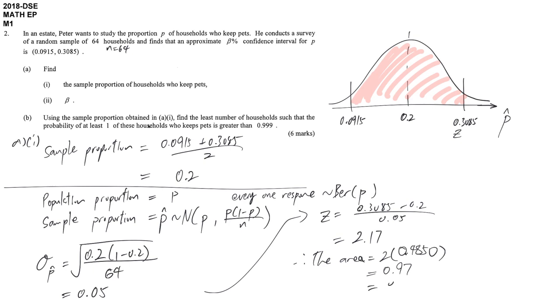In percentage form, that means 97%. They ask us about beta percent. So if we just compare the beta part, it's referred to 97. You should write beta equal to 97 but not 0.97. And be reminded that in your exam you don't need to write down the distribution like this. It's just for my explanation.